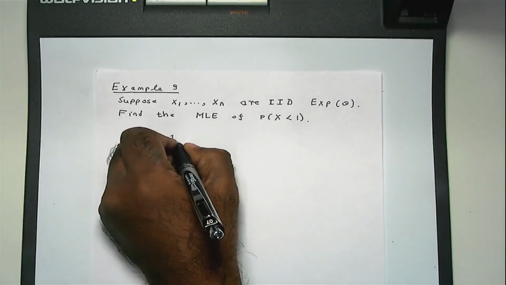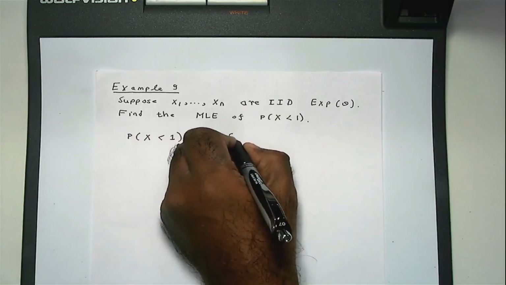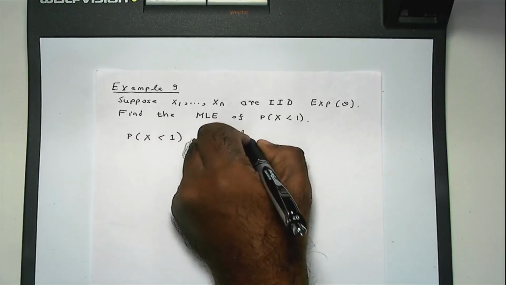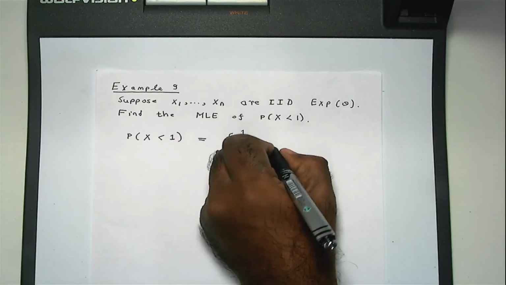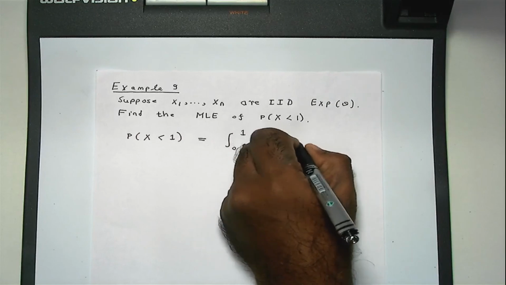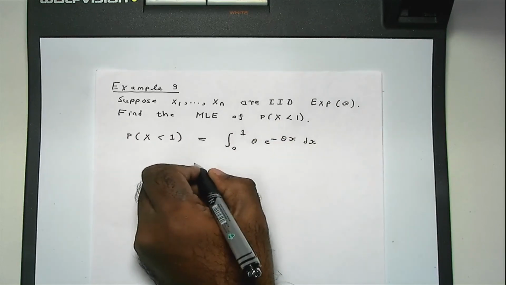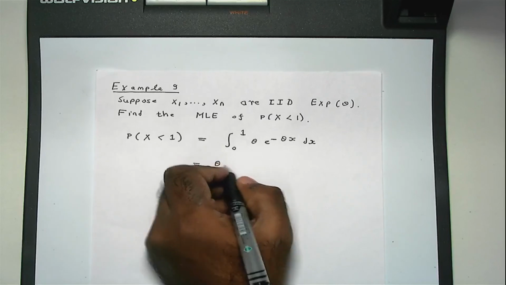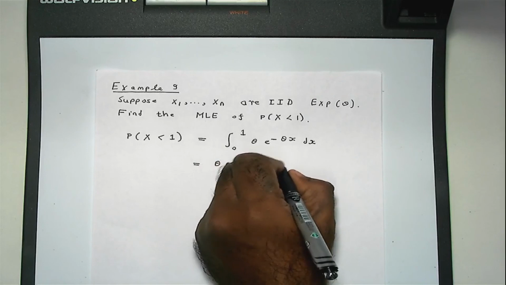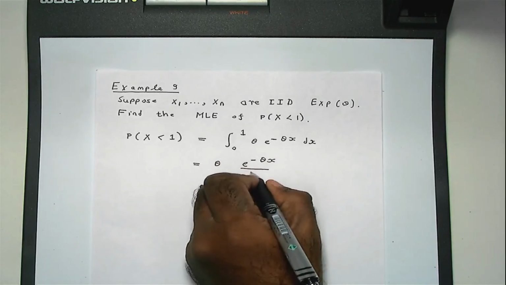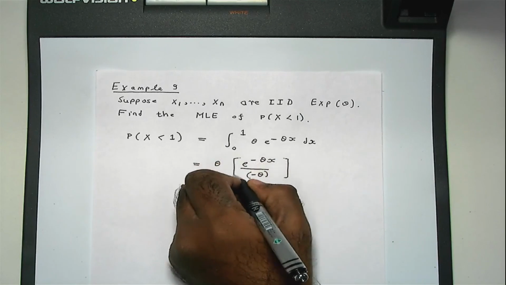Now, this is simply the integral from 0 to 1 of the density of this, which is theta e to the minus theta x. Okay. So this is going to be theta times the integral of this, where you take the limits from 0 to 1.